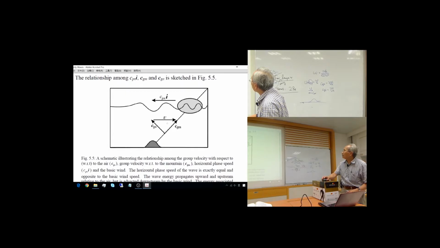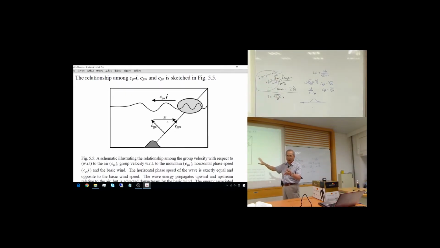So the bottom line is, this will give you a pretty good picture, even if you are a little bit away from the math, at least you can understand this one.